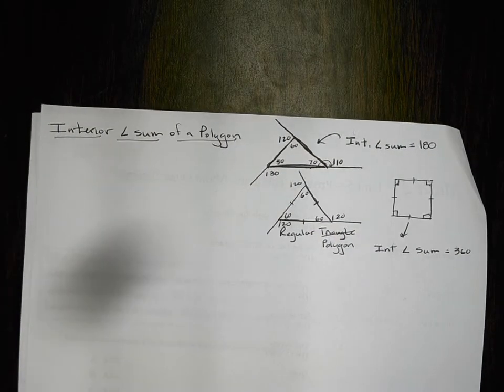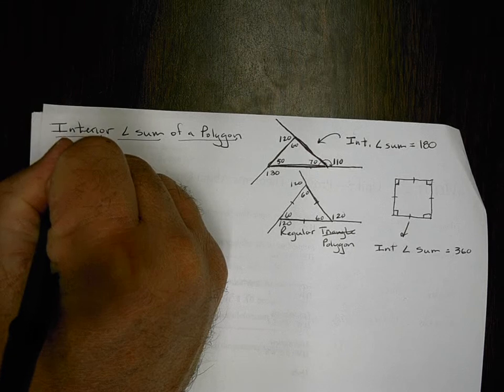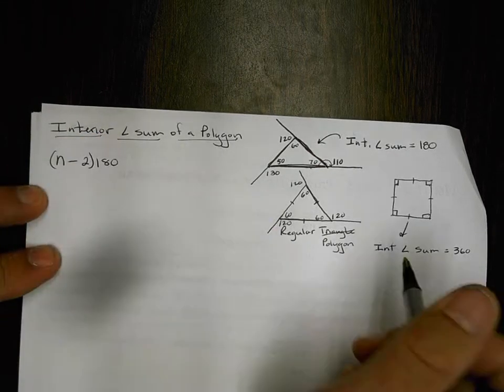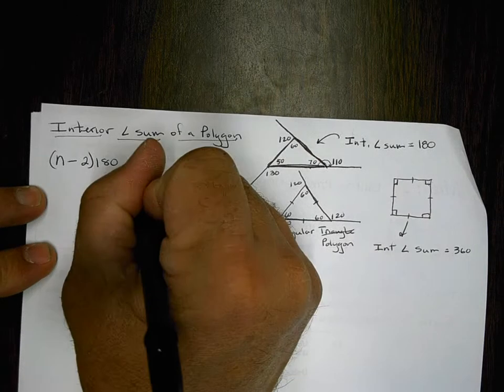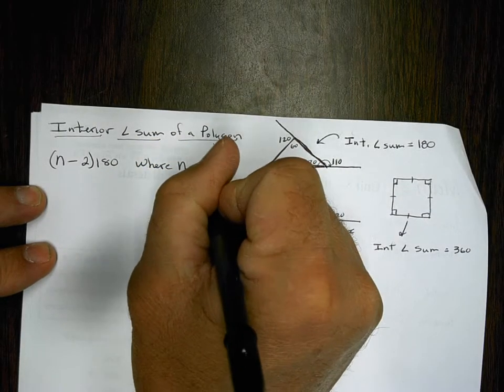We have a little formula that will help us find the interior angle sum of any polygon. It is simply n minus 2 times 180, where n equals the number of sides.